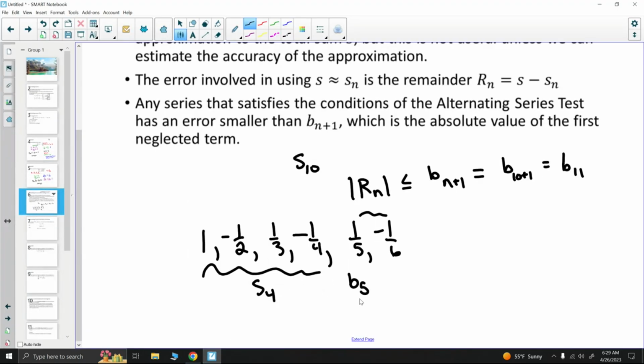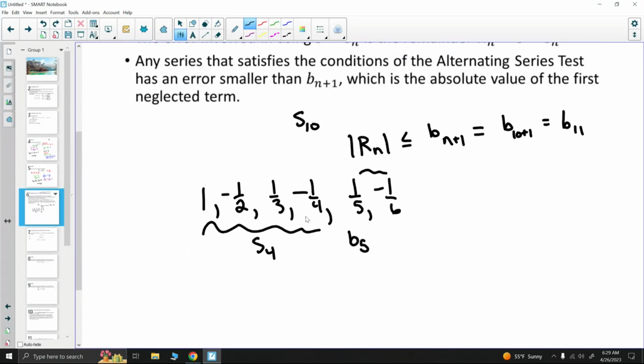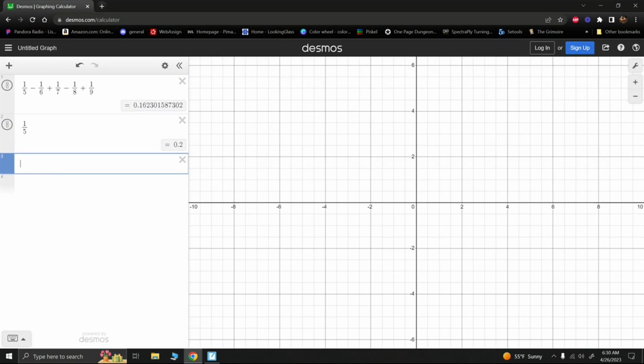Okay, so basically, in this case, the fourth partial sum would be an approximation for the infinite sum with an error of no more than 1/5. So that is essentially what we have. So we can take a look at how good this is as an error.